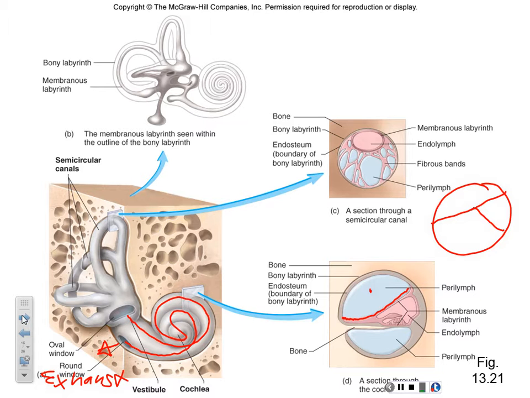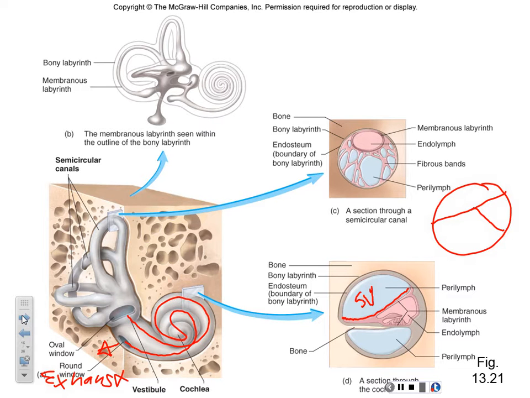The cochlea is divided into three parts. The one on the top is the scala vestibuli. The one in the middle, covered by membrane, is the cochlear duct, where the hair cell for hearing is located, called the organ of Corti.